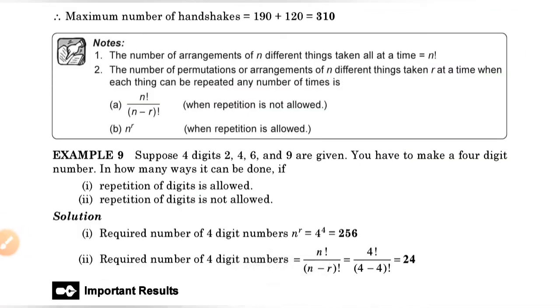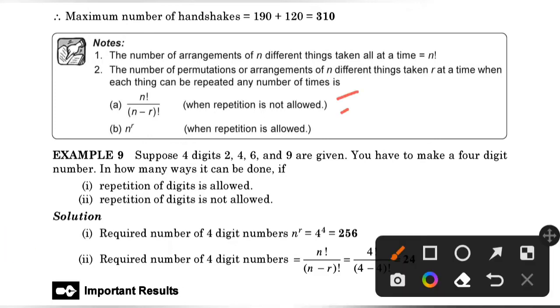You have to memorize these notes and write them in your notebooks. The first one is the number of arrangements of n different things taken all at a time equals n factorial, and the number of permutations or arrangements of n different things taken all at a time when each thing can be repeated any number of times is n power r. If repetition is not allowed, then we use the formula for permutation, n factorial over n minus r factorial.